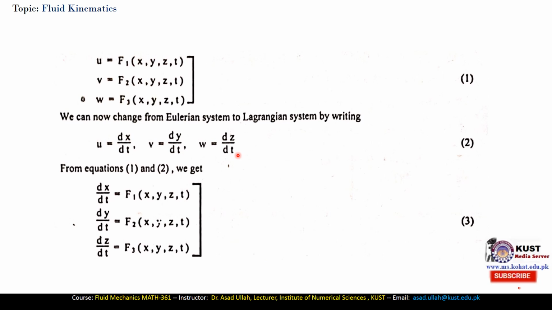Now, using equation number 2 in equation number 1, we get equation 3. In equation 3, we have written just the velocity components u, v and w as dx by dt, dy by dt and dz by dt respectively.